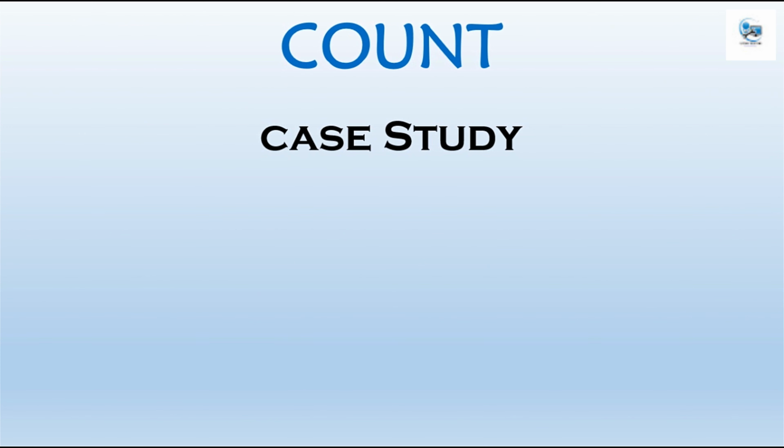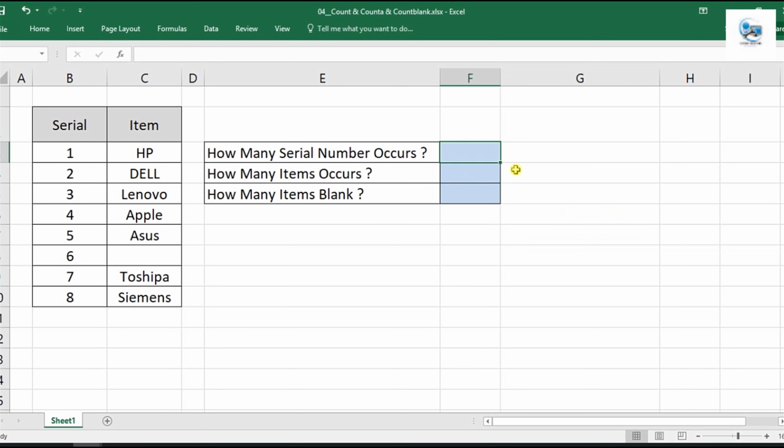Let's see it in the Excel sheet. For the first question, how many serial numbers occur, we use the COUNT function for column B. Second question: how many items occur?